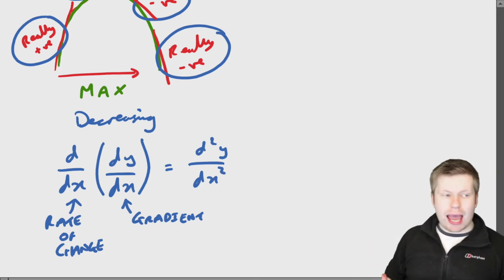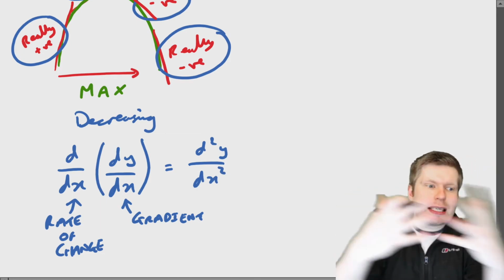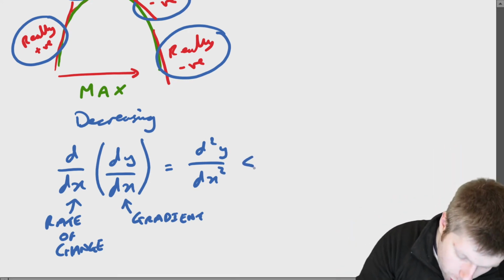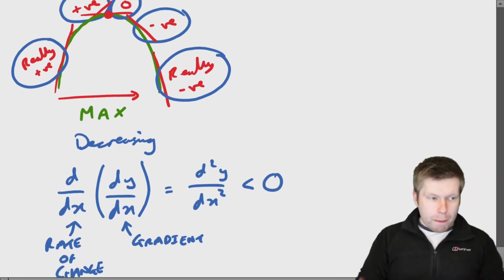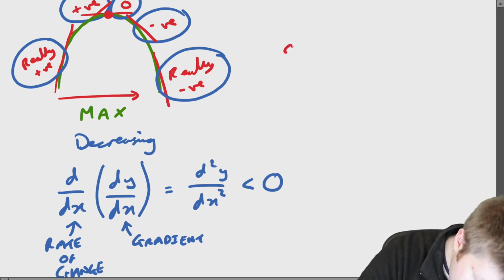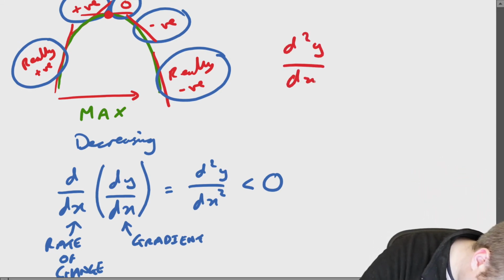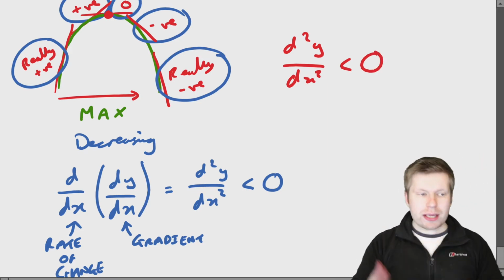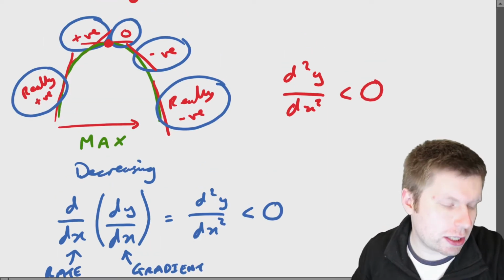Because it's decreasing, it means it's getting less, so the rate of change in my gradients is getting smaller. In other words, it is less than 0. So at a maximum, I can conclude that d2y by dx squared should be negative.